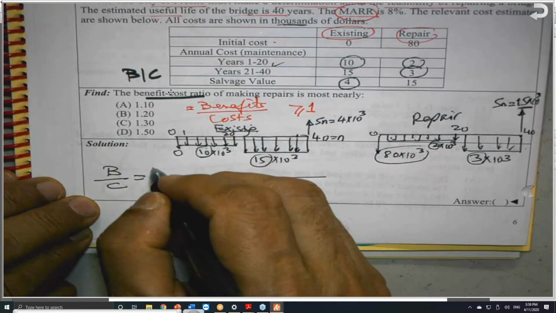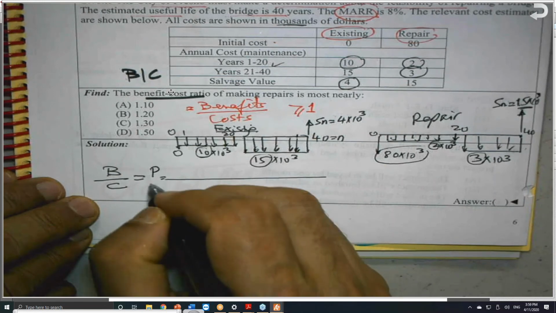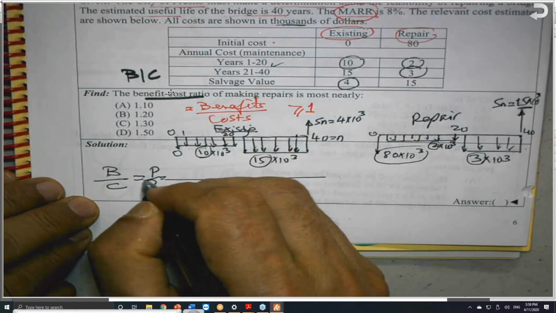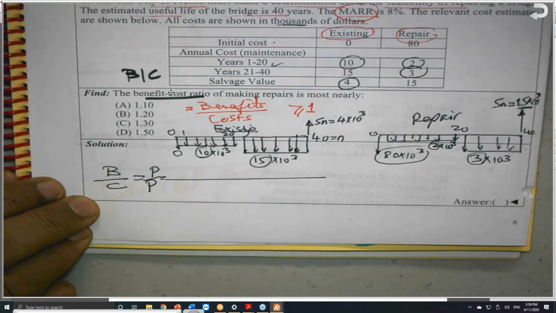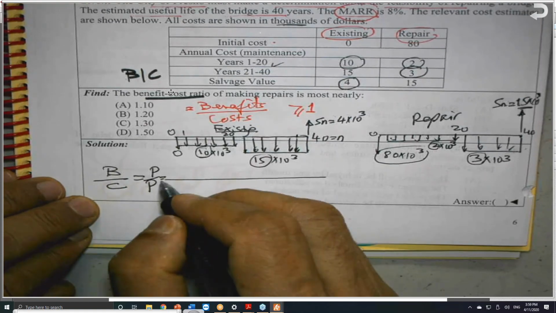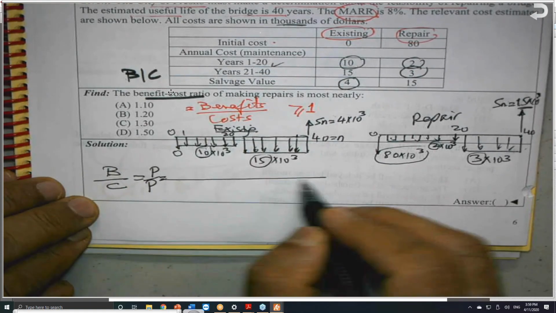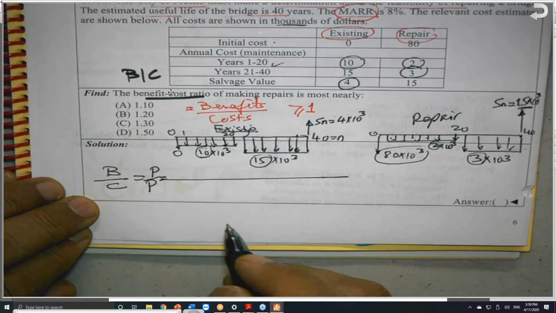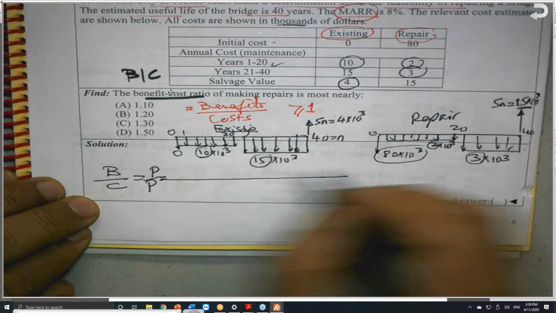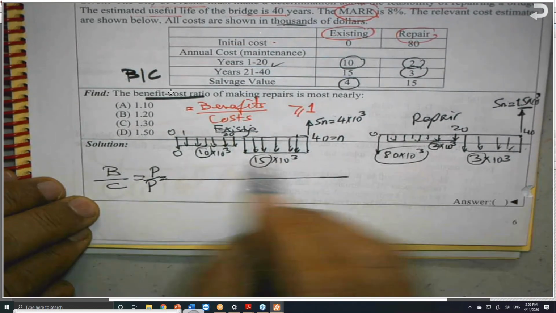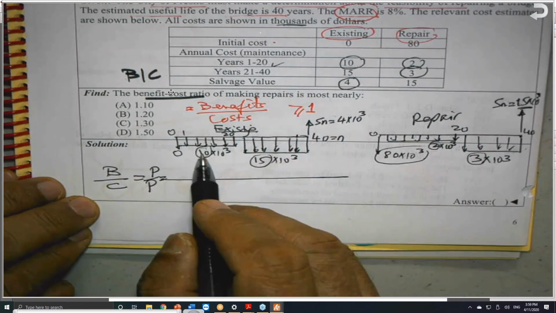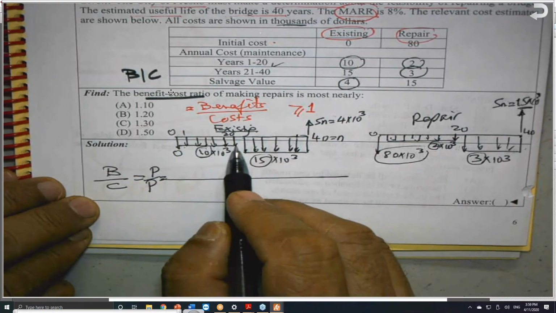So I'm going to use present worth over present worth, B over B. I convert everything to present. And let me write it, and I'm sure that you are going to come and ask me next time how we did that. So the first, the benefits, I have 8,000 here, but the 8,000 over 20 years only.